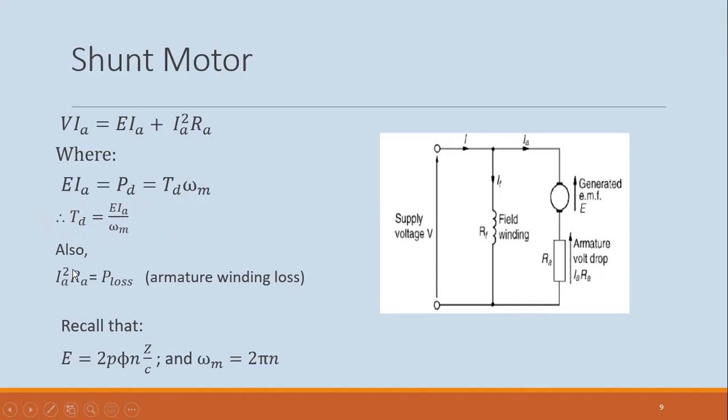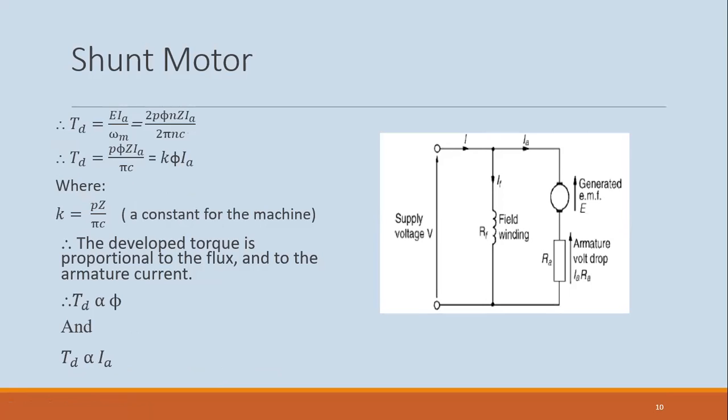We're going to do some manipulations here. We're looking at this equation, TD is equal to E times IA over omega M. But I want you to remember that E from what we did last week was 2P phi N Z over C, and omega was 2 pi N, where N is in revs per second.